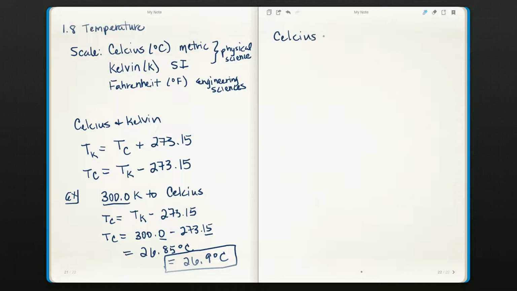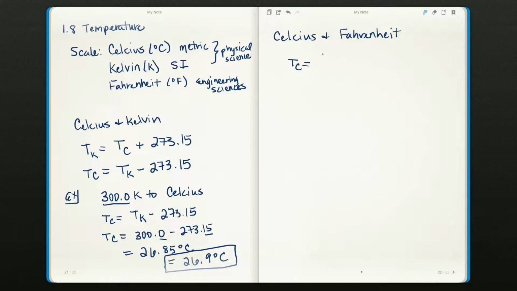Okay, now if you need to convert from Celsius to Fahrenheit or Fahrenheit to Celsius, you would use one of these 2 formulas. So it gets a little more complicated here.